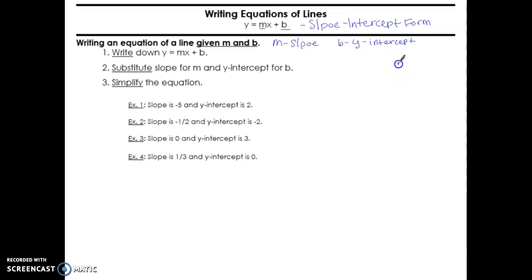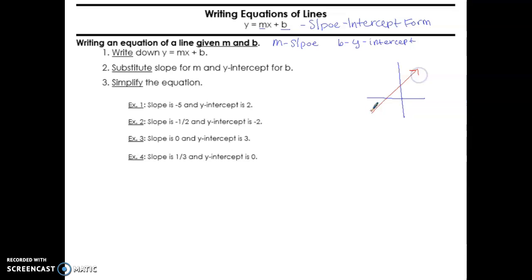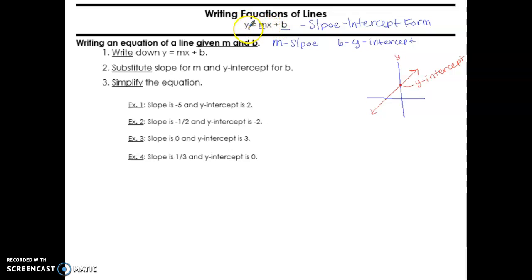And what we mean by a y-intercept is if we have a graph of a line that looks like this, the red graph, this point right over here where the graph and the y-axis meet is called our y-intercept. Okay, so we're using our slope and our y-intercept to represent a line using the equation y is equal to mx plus b.